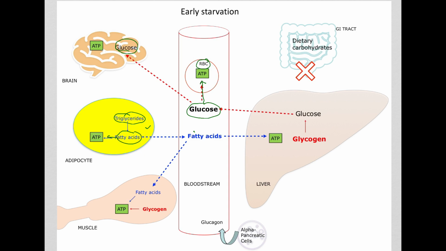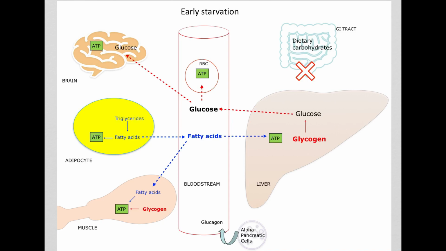These fatty acids will provide energy for the adipocytes, and the fatty acids will come out into the bloodstream and provide energy to the liver, to the muscles, and to all other cells. And by doing this, the body makes sure that the limited amount of glucose that is coming from the liver glycogen is being used up only by your red blood cells and by the brain.